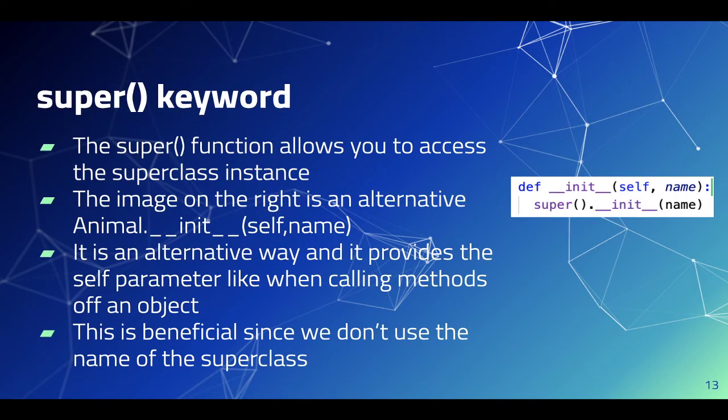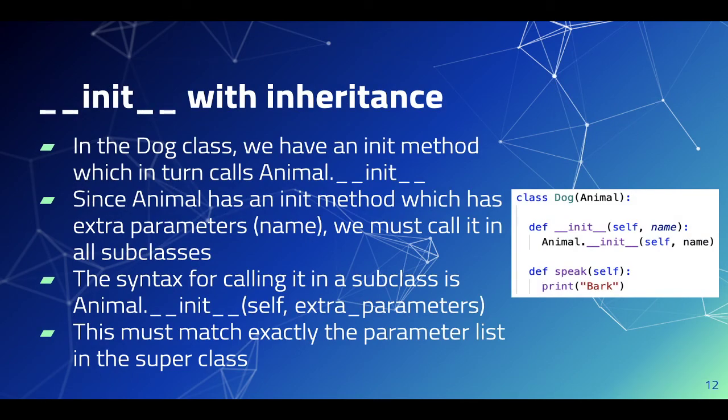But here, when we call super parentheses, self is automatically implied, because super parentheses is the instance of the object. And when we call a function of an instance, the self parameter is implied. Remember, the parameter is automatically provided by Python. So this is really important to understand. If we're using super with parentheses, we do not provide self. If we're calling it like this, we do have to provide self.